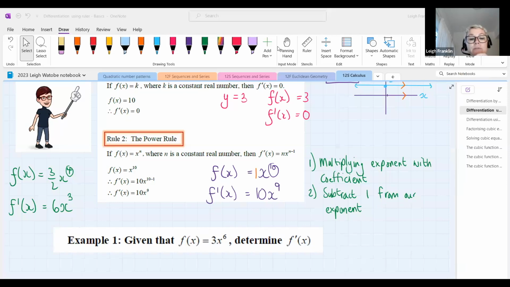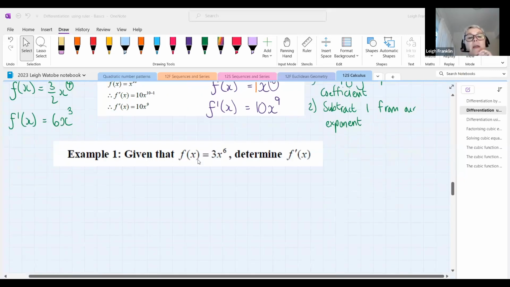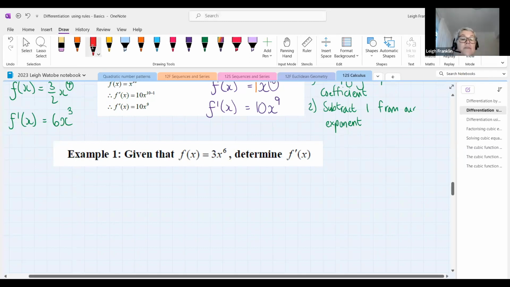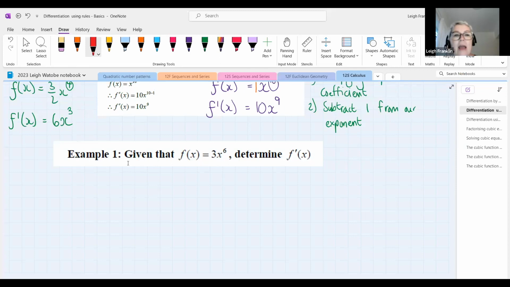All right, good stuff. So if they gave you f of x equals 3x to the power of 6, and they ask you to determine the derivative, can someone tell me what we would do here? How would we write the derivative? Any brave person wanting to offer an answer? There we go, William, go for it.